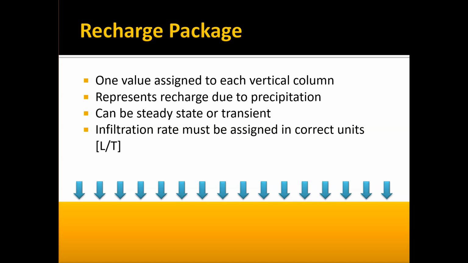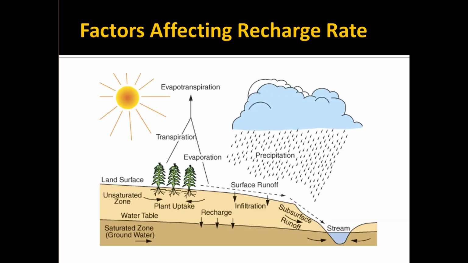There are a number of things that impact recharge. So precipitation falls down. A lot of that precipitation is captured in what we call soil moisture, and it resides near the surface. Some of that evaporates. Some of it is lost through transpiration to plants.